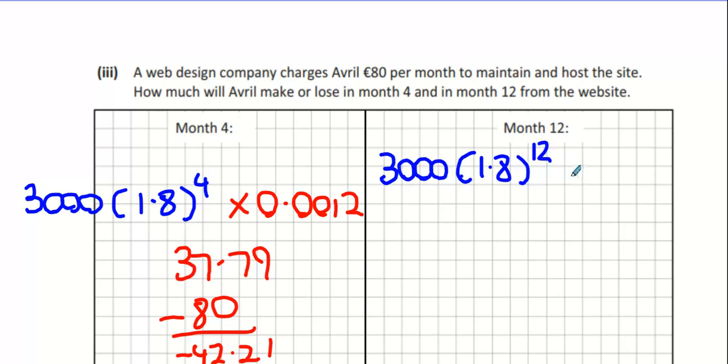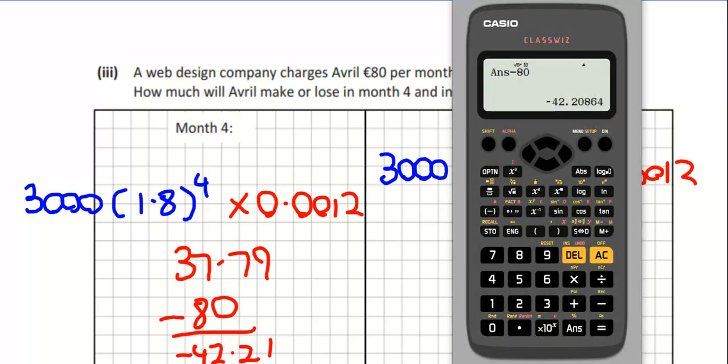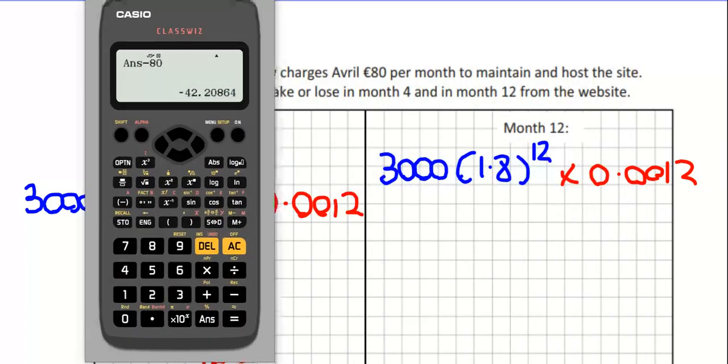Now in month 12, it's a different story because we have a lot more users. And once again, each one of those users is going to contribute a small amount of money to the cause. So that's how many users we have, which is a very big number, 347,000. We're going to multiply that by 0.0012.